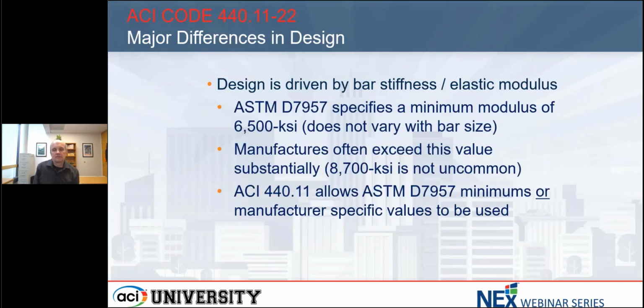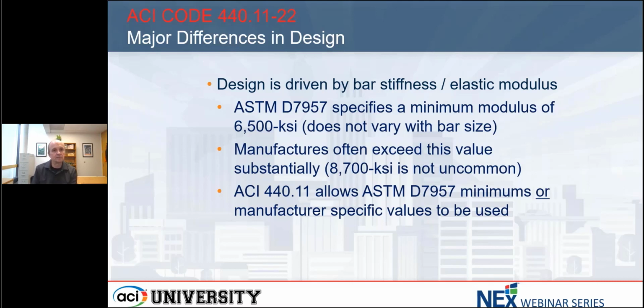Because designs are often governed by serviceability, the modulus of the bar does tend to drive a lot of the designs. So how many bars you end up with, and the size of bars that you end up with, is oftentimes dictated by the modulus. So the 440 code does recognize this, and it allows you to design according to the minimum ASTM requirements for modulus, but it also allows you to design according to what the manufacturer's modulus is.